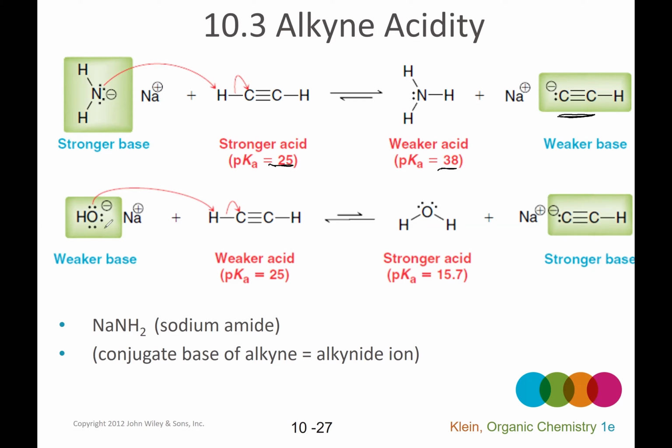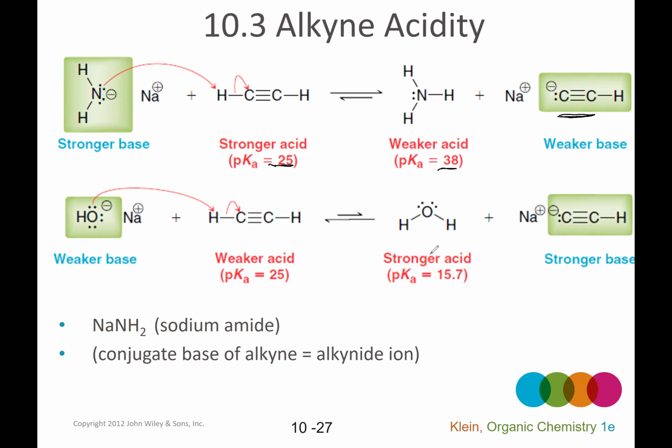Now, if you try sodium hydroxide, you see it's not favorable. Hydroxide is not a strong enough base because here you see on the left side, the acid is the acetylene, the pKa is 25. The acid on the right side is water, pKa is 15. So you see water is a stronger acid than acetylene and has a lower pKa.